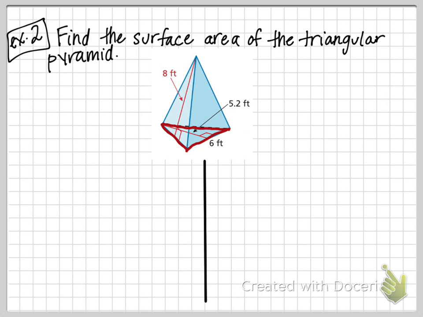So you will have 3 of the same shape, the same area, and then that base might be a slightly different shape of triangle. There are 2 right angles, because our base triangle has to have a right angle, and our lateral faces have to have a right angle for the base and the height. Okay, I'm going to erase that so we can see it more clearly.